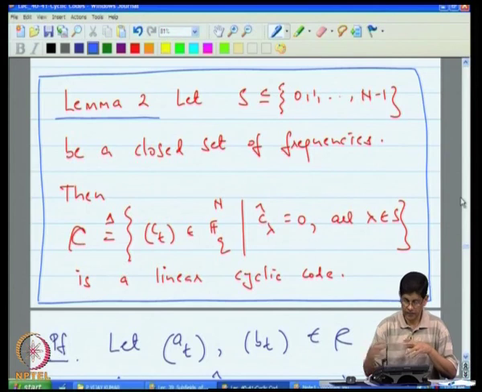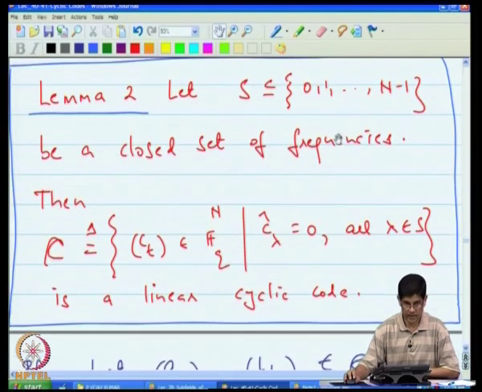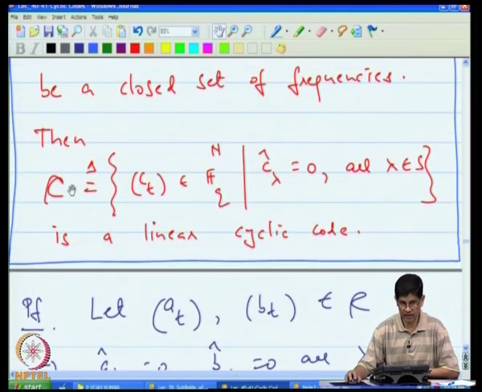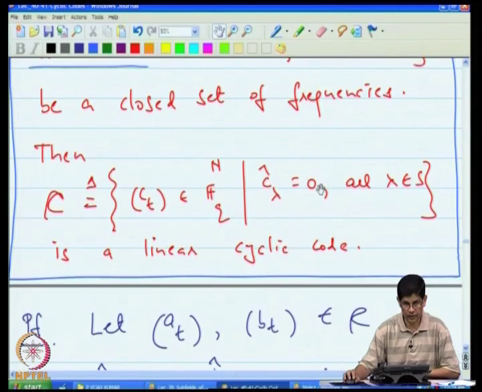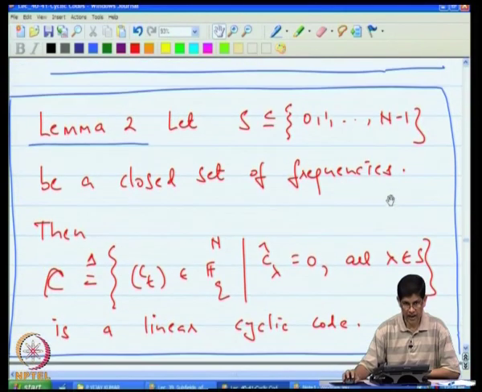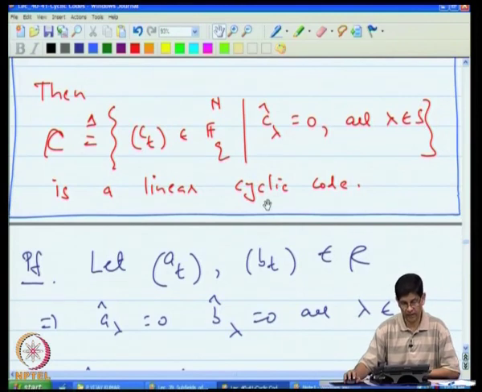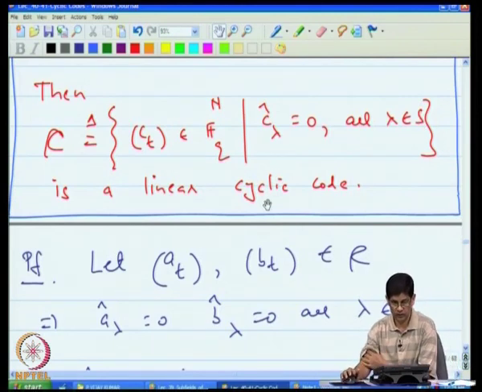Supposing, on the other hand, I started out with a set of frequencies S which was closed under conjugation, and I then define my code to be all n tuples whose transform evaluates to 0 at all frequencies contained in S, then that in fact is a linear cyclic code. Okay, so it is kind of a converse.